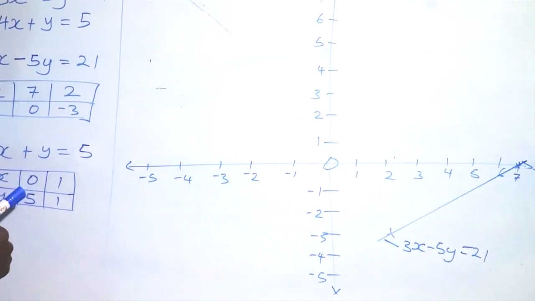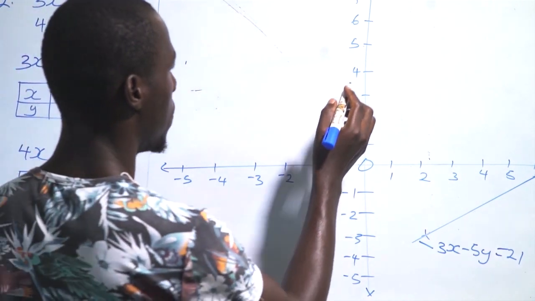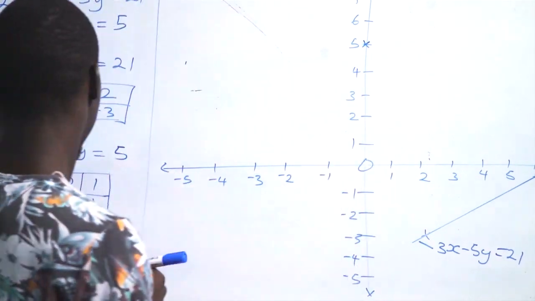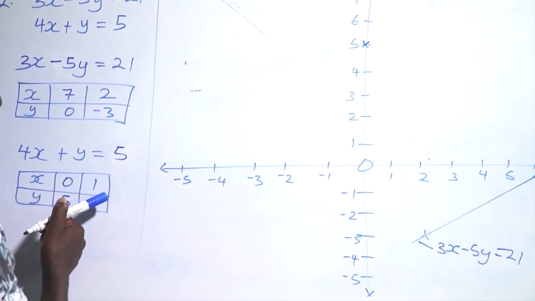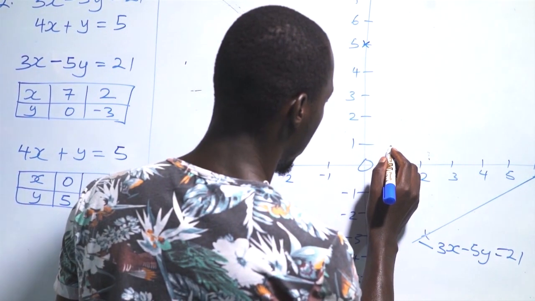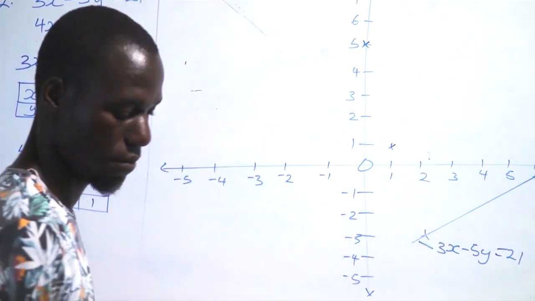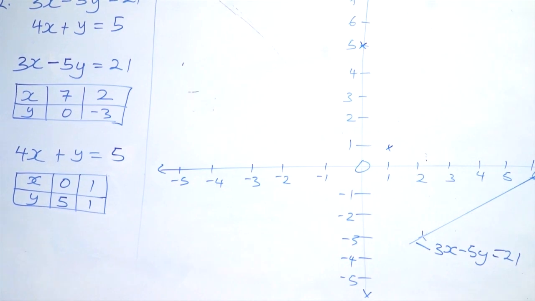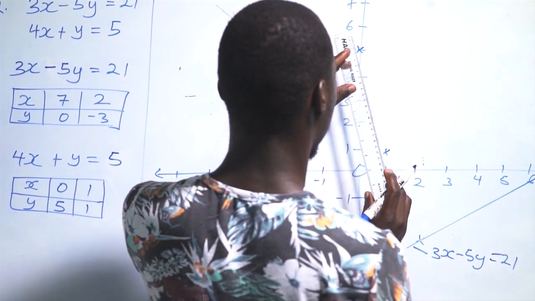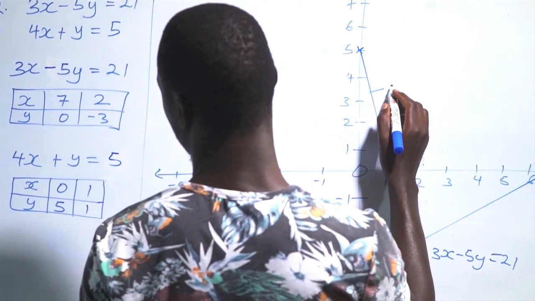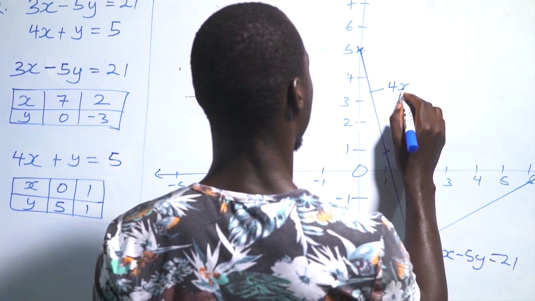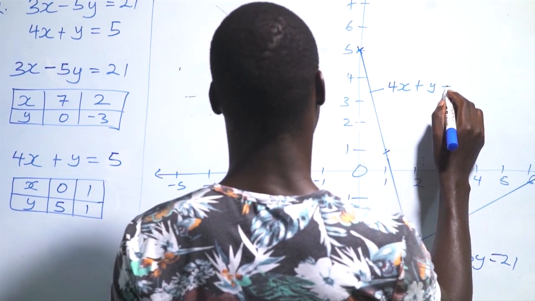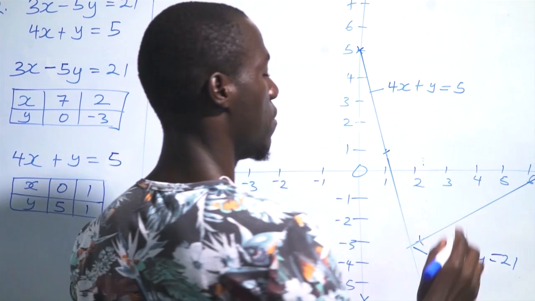Then for this one here, x is 0, y is 5, right there. Then x is 1, y is 1, which is there. I join the 2. Then I label that this one here is 4x plus y is equivalent to 5.